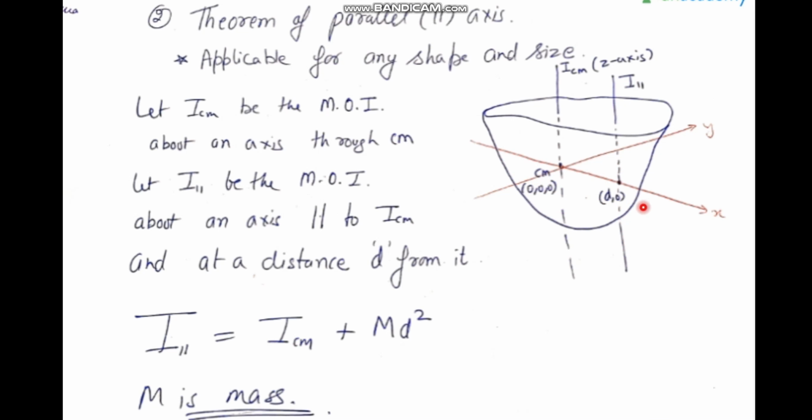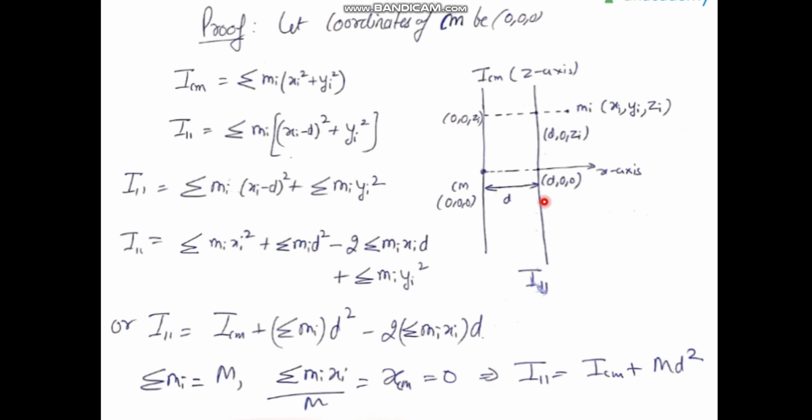So for simplicity's sake, I have taken this point as d, 0 on the x-axis. So this is the other axis. So if I have the center of mass as the z-axis, then for any particle whose mass is mi and whose position coordinates are xi, yi, zi, the distance of this from the z-axis can be calculated by looking at this figure.